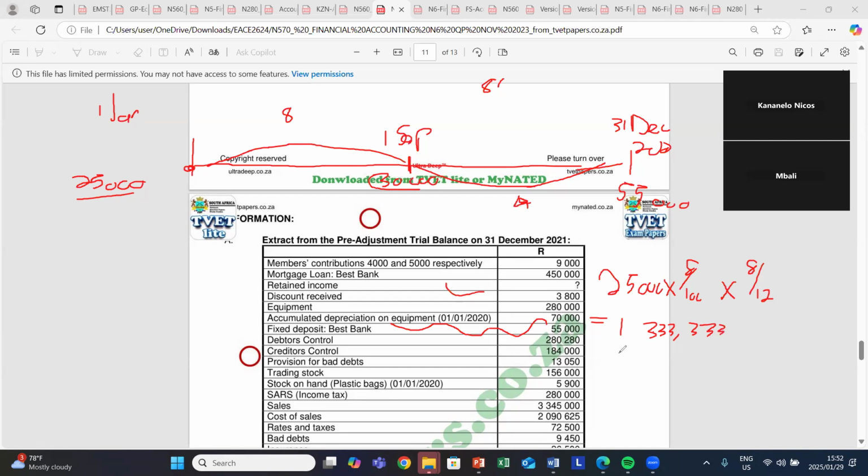Did you also get that value? Yes. And then calculate after an increase. After an increase, we did not have 25,000 but rather 55,000 rand.